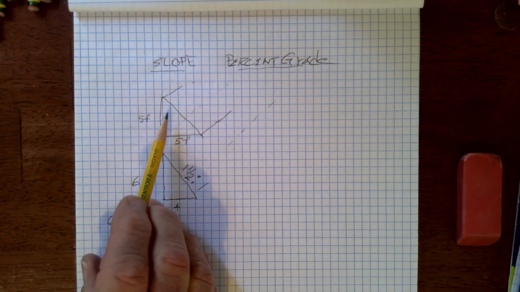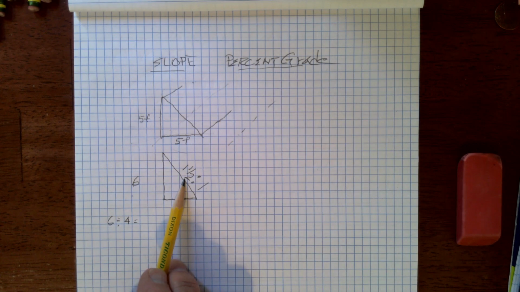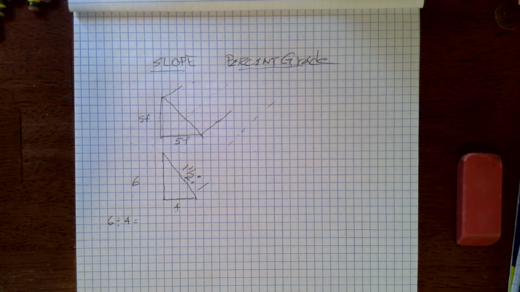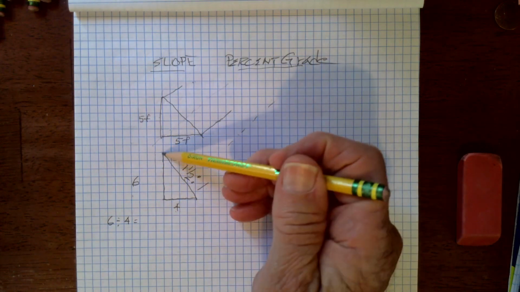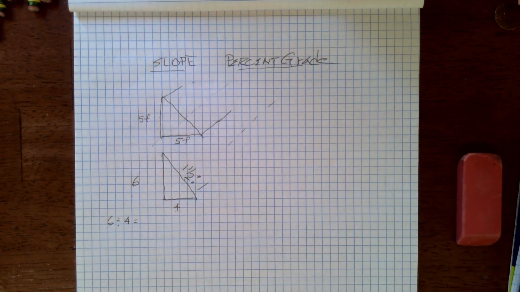So that's why we need to learn how to calculate slope ratio, and we will get into that in depth in just a moment. Now, let's say I know the vertical and the horizontal distance of a slope.